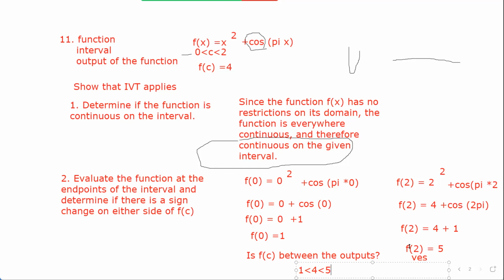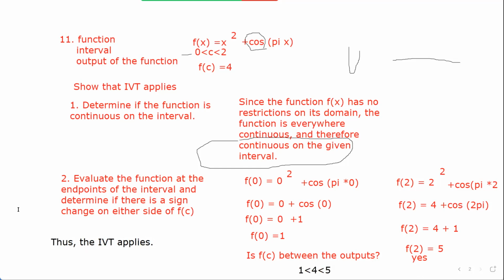Now, because of everything on the screen, we can say thus, or henceforth, the IVT applies.